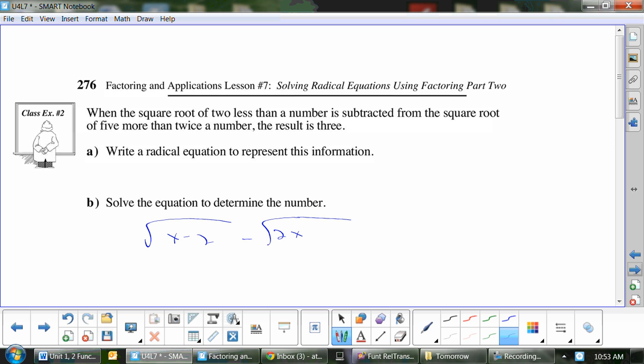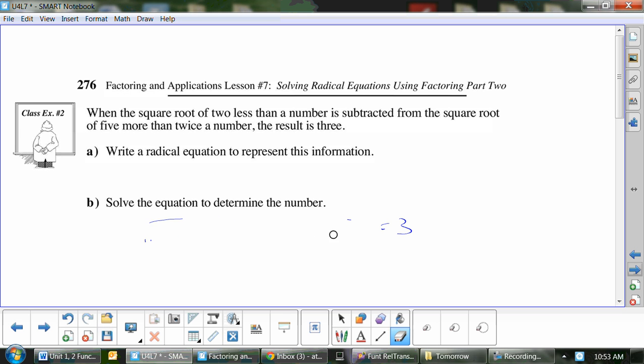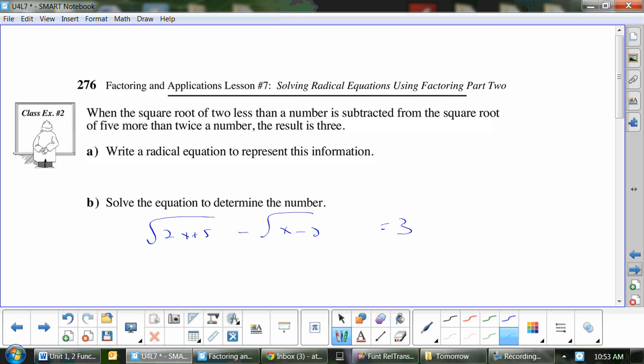2x minus 5? Okay, now is this when the square root of 2 less than a number is subtracted from... It's got to be the other way around. That doesn't make sense. Okay? It's when it's subtracted from. So you should have this. Let's just make this make sense.